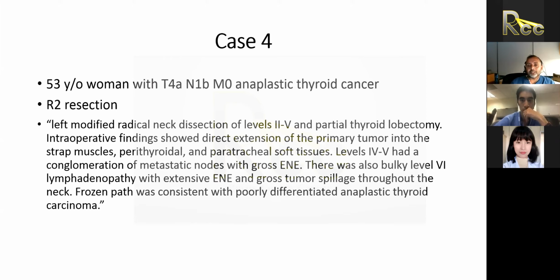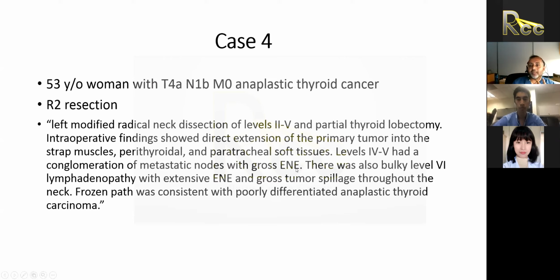And so the surgeon, one of our dedicated thyroid surgeons, goes in, and I just pasted the report here from my consult note. This patient underwent a left modified radical neck dissection, but as soon as they went into the central compartment, they saw extensive tumor invading into the strap musculature, perithyroidal and peritracheal soft tissues, and bulky adenopathy everywhere.